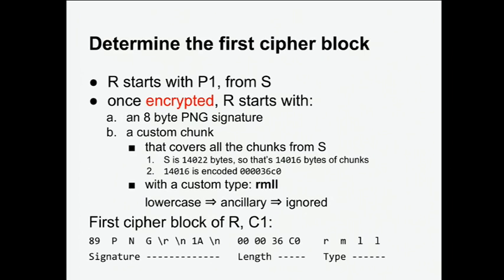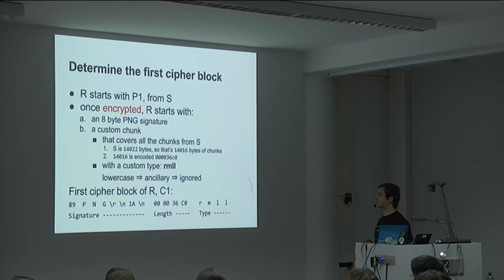The first cipher block: R starts with the first cipher block, and we start with the first plaintext block from S, and once encrypted, R will become, because the target is a PNG, the 8-byte PNG signature and a custom chunk that will cover all the chunks from S. S is this, which, if you remove the signature, is this size in chunks. This is encoded 36C0.